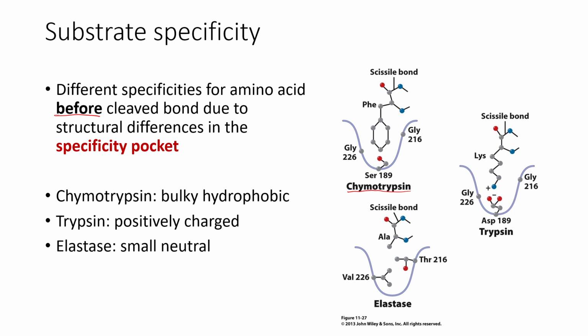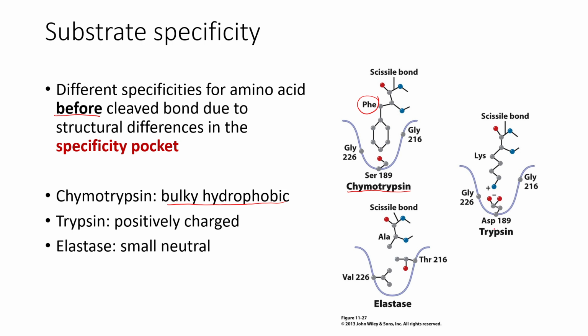It has a fairly deep specificity pocket, and it is not charged. It has some glycines in it. Because of its deep, large shape, chymotrypsin is good at selecting for bulky hydrophobic amino acids, such as phenylalanine, which is shown in this picture. Phenylalanine will be the amino acid right before the peptide bond that's about to get cleaved.